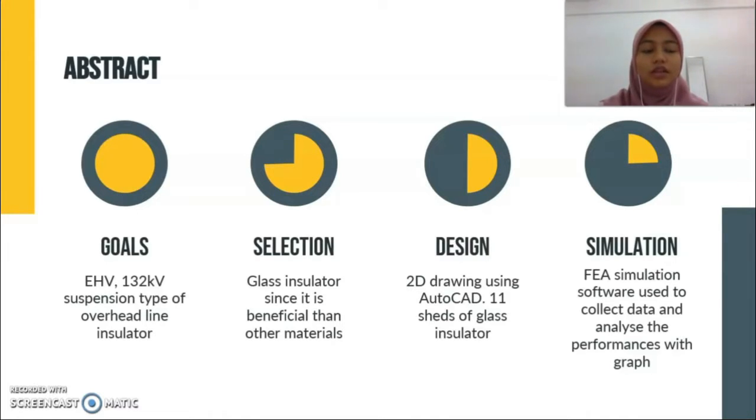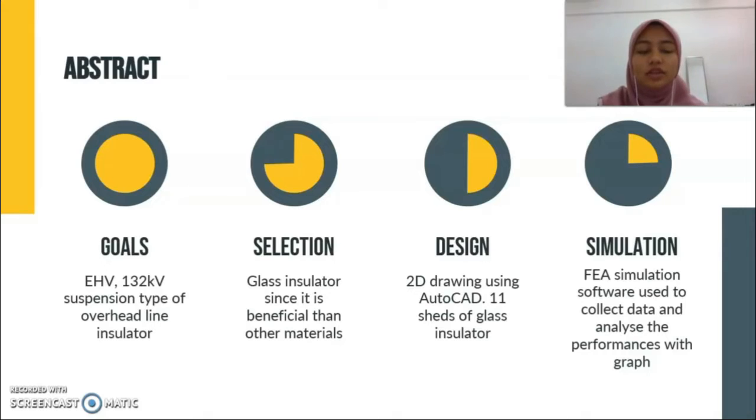The glass insulator can easily detect impurities and bubbles since it is transparent. Other than that, since the mechanical and electrical capabilities of the glass are not impacted by aging, it has a very long service life. Glass materials also have a lower relative price compared to other types of insulators.